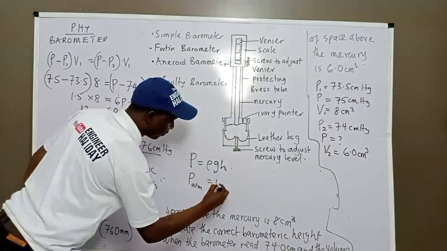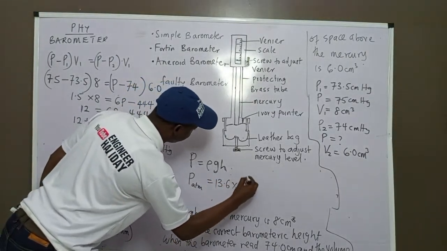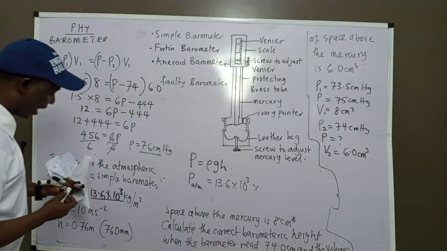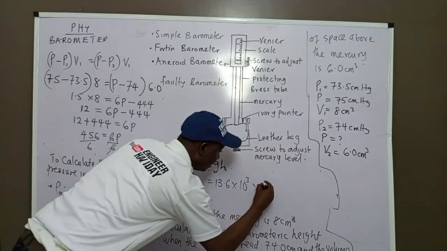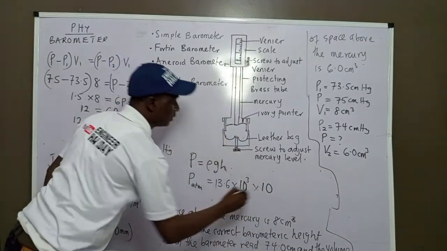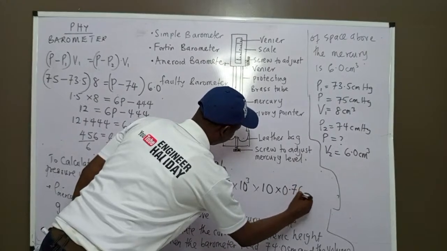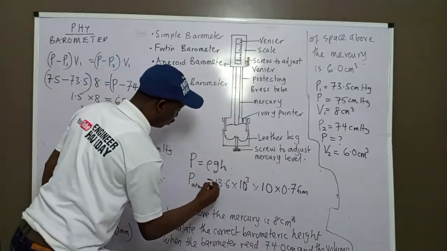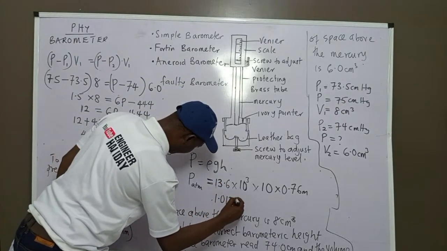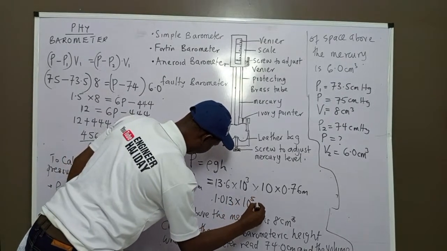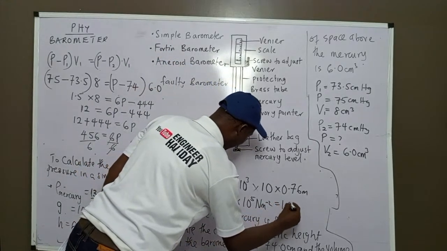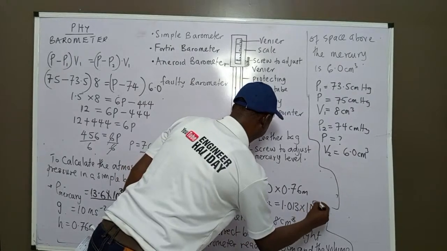Then when we do that, 13.6 times 10 power 3 times 10 times 0.76 meter, if you do your calculation well, you're supposed to have 1.013 times 10 raised to power 5 Newton per meter square, which is the same thing as 1.013 times 10 raised to power 5 Pascal.